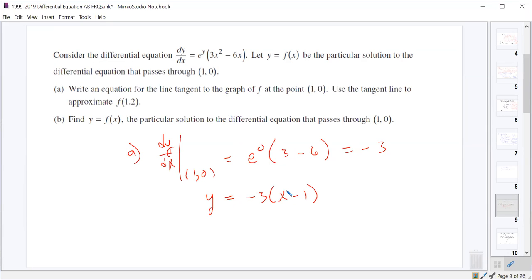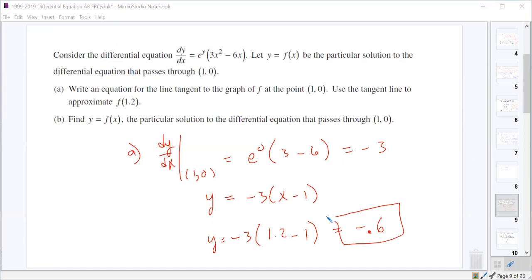That's good enough for your equation, and then approximating it at 1.2, minus 1 should give you negative 0.6. And that was 1 point for slope, 1 point for the equation, 1 point for the value at 1.2. So 3 pretty straightforward points there for A.